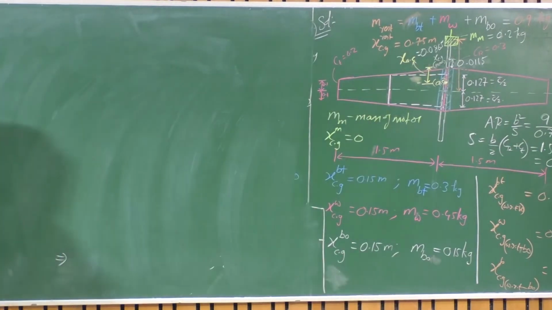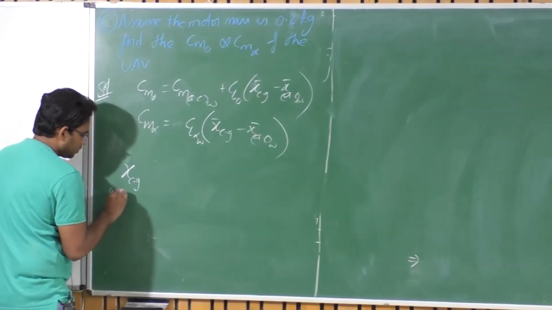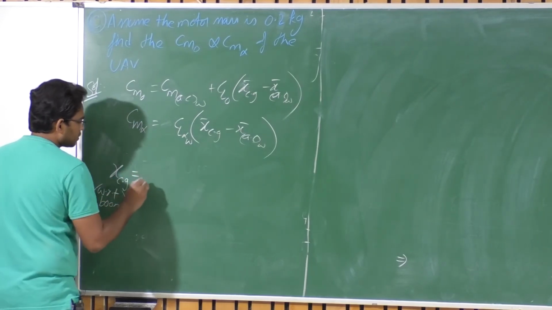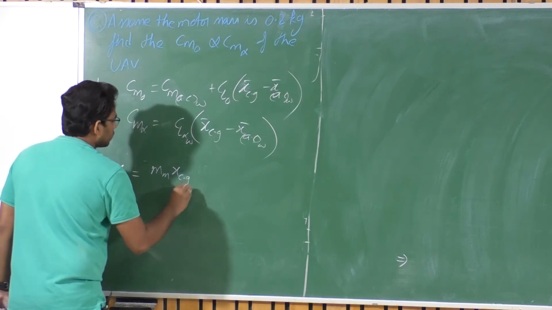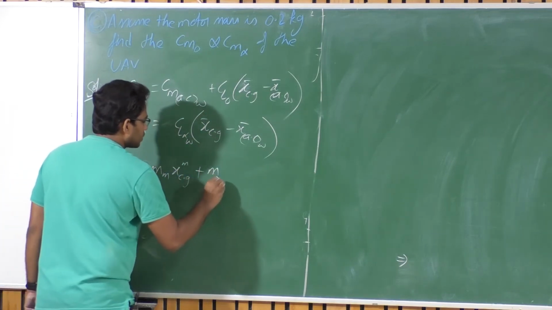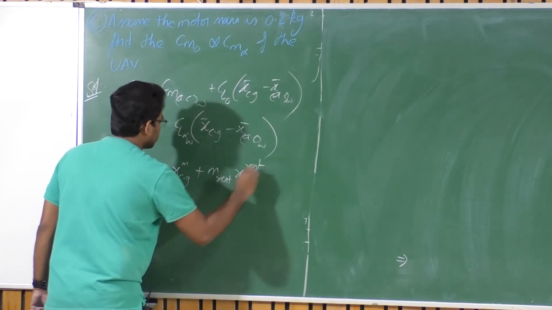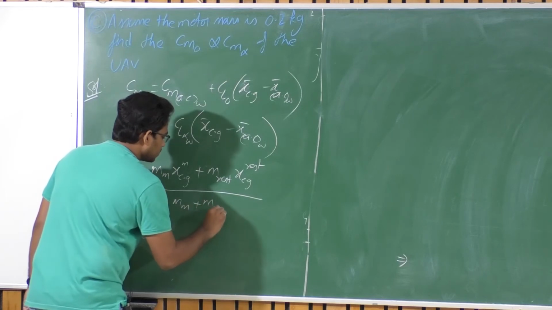So the new CG with respect to the boom is equal to mass of motor times xCG of motor plus mass of rest times xCG of rest, upon mass of motor plus mass of rest.